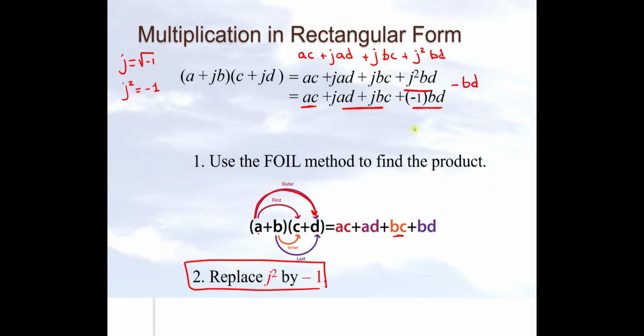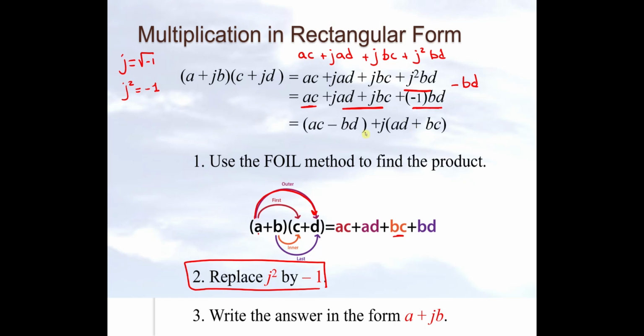Add the real parts together to get the new real part, and add the imaginary parts together to get the resultant imaginary part of the multiplication.